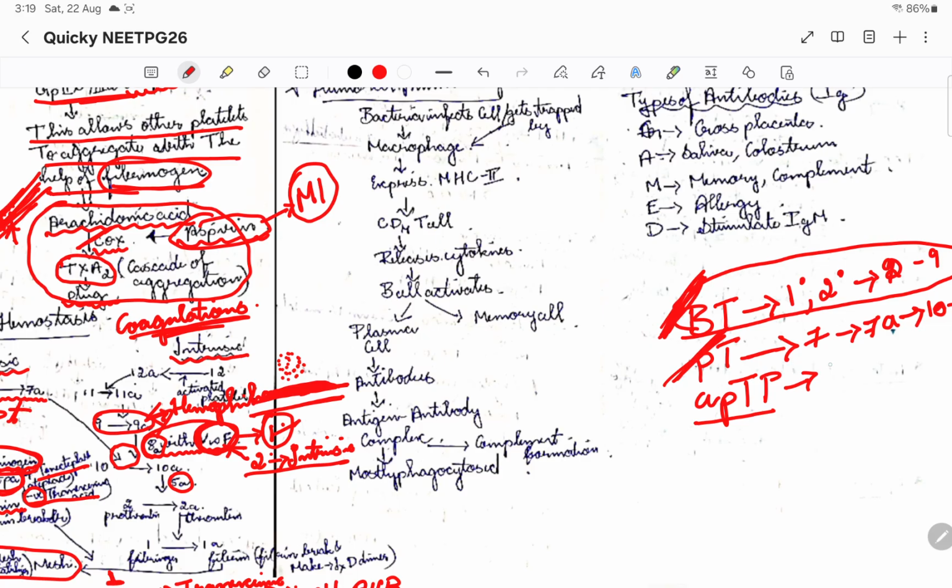So the entire pathway from 12A, all these things, will finally convert 9 to 9A, right? So this entire thing I'll be measuring through APTT.